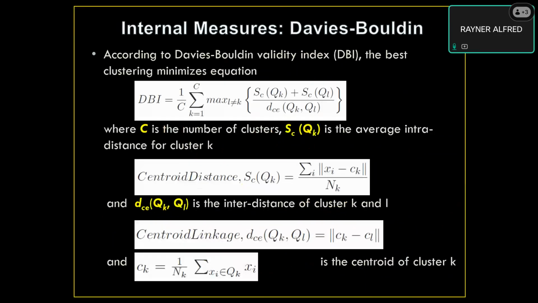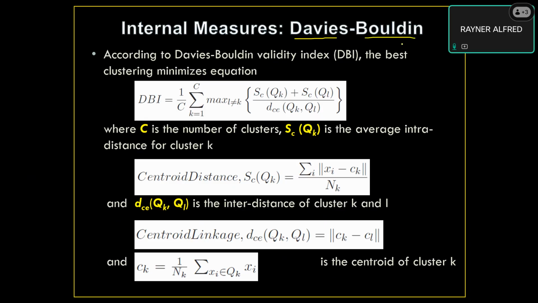The second one is called internal measure. This is a bit different from the external measure, because this one is looking at the structure. When we talk about the structure of the cluster, we are talking about the compactness and also the distance between the clusters. The ones who created this are two persons, Davies and Bouldin.